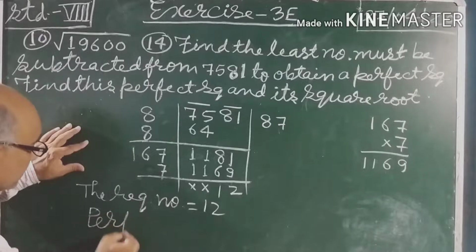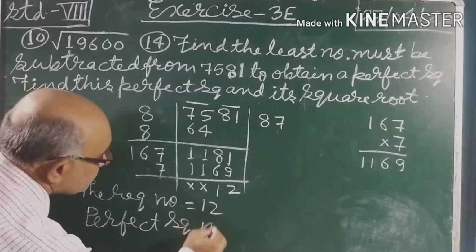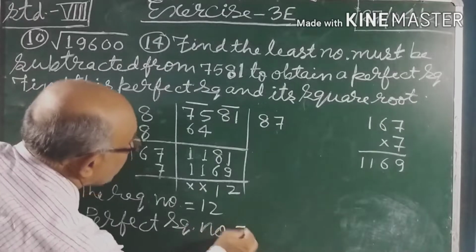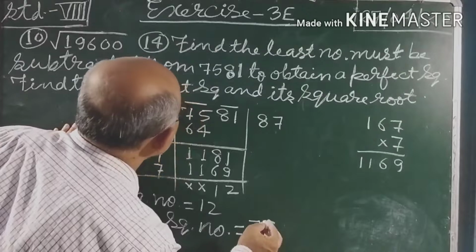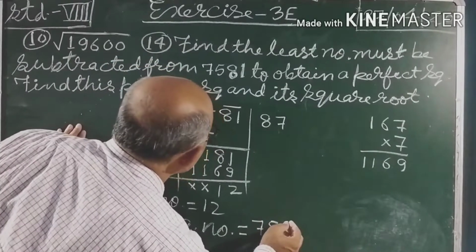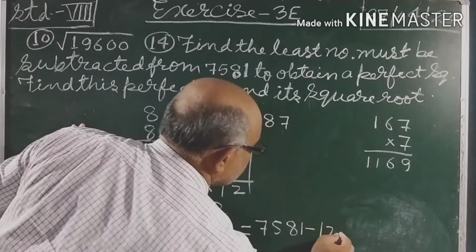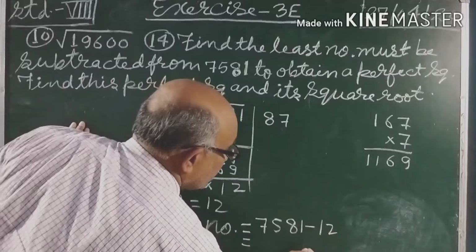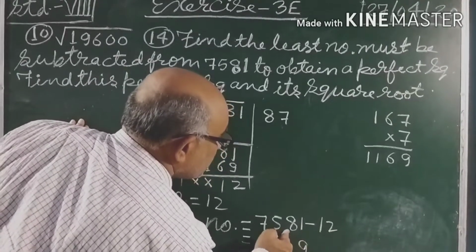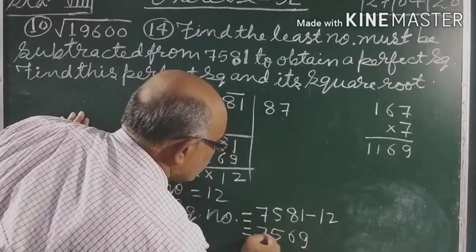Perfect square number: 7,581 minus 12 is equal to 7,569, since 11 minus 2 is 9, 7 minus 1 is 6, and 5, 7.